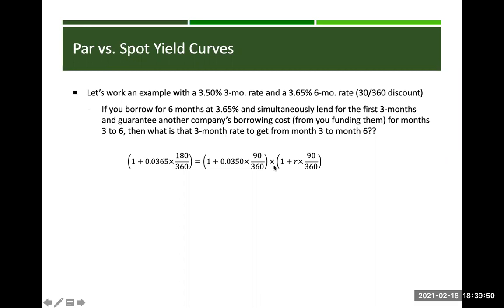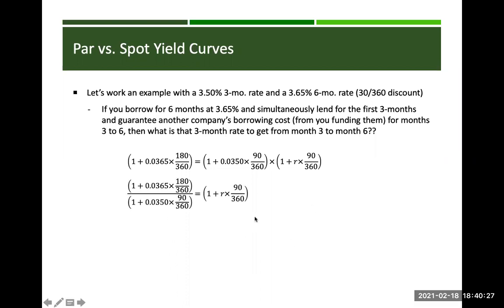If this is a market expectations hypothesis kind of world, or market expectations theory, then I should not have any kind of opportunity for arbitrage profits. My net present value of each of these, whether it's borrowing 6 months, lending in 2 sets of 3 months, or lending 6 months and borrowing in 2 sets of 3 months, I shouldn't have any arbitrage opportunity here. So these two terms on either side should be equal to each other.